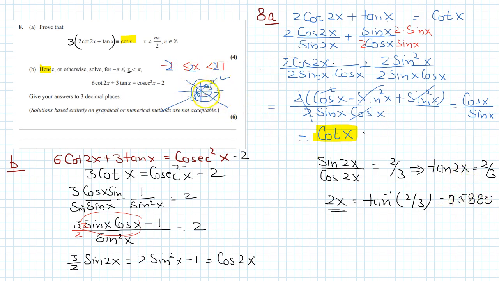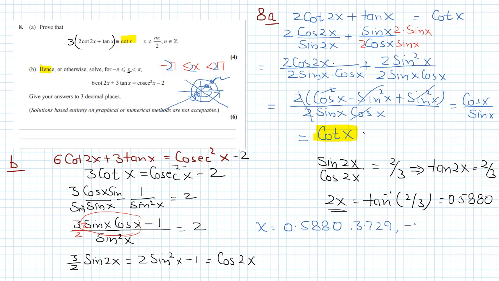First we go clockwise, so x will be 0.5880 and 3.729. This is this value and this value. Now anti-clockwise, from 0 to minus 2 pi, we'll be having two values.